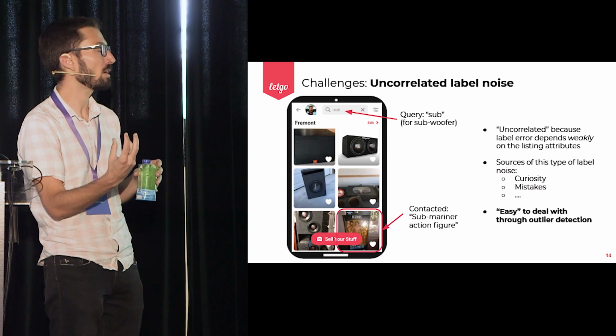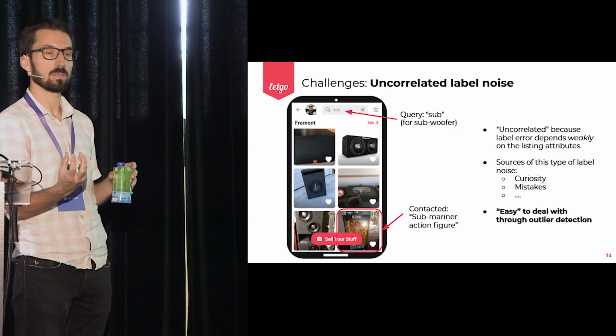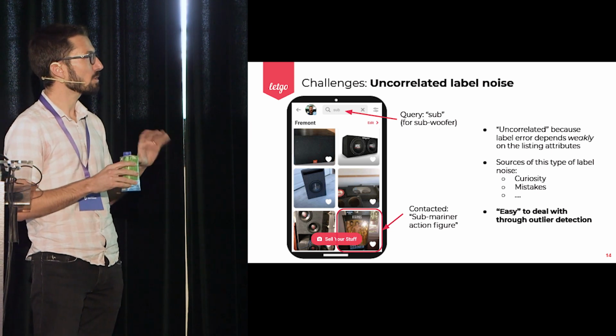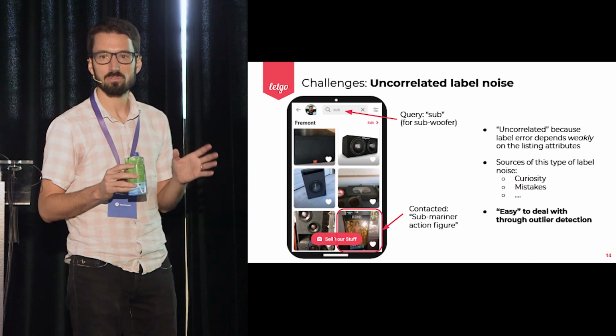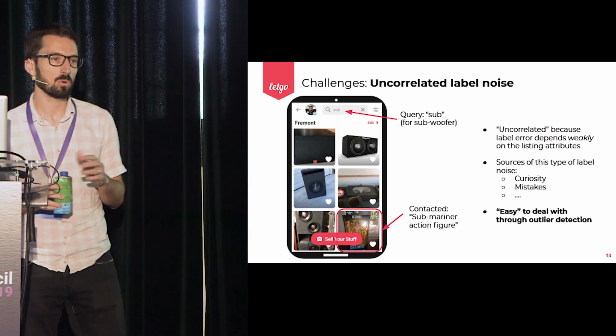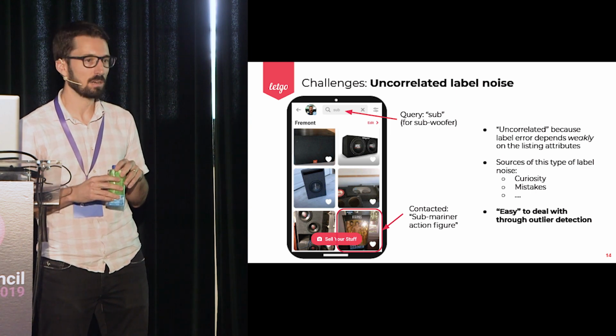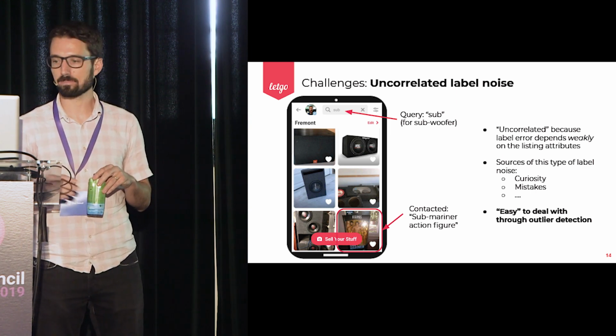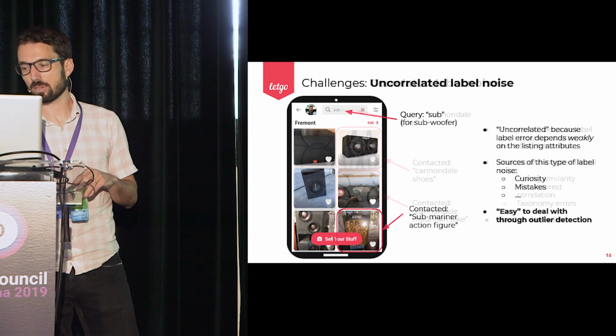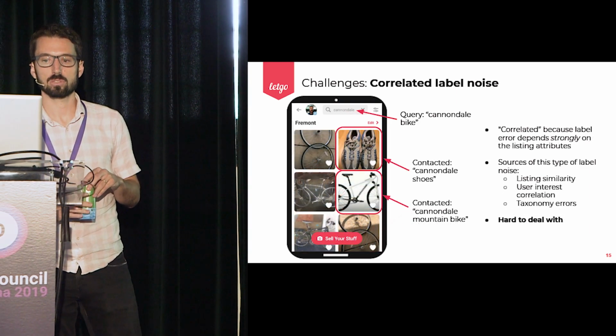It doesn't have anything to do with the listing itself, okay? Now, the good news is that this type of error is sort of easy to deal with through outlier detection. Not easy, but you can sort of work with it, and I'll talk about one way to deal with it later. The most complex type of error is what we call correlated label noise.